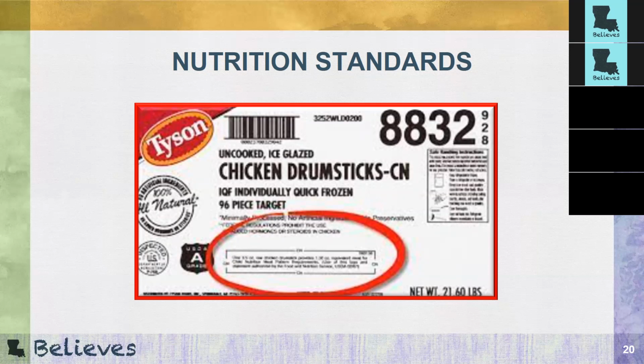If you're purchasing a bean burrito, your product specifications might state that the bean in the burrito must provide a 1.5 ounce equivalent for the meat alternate group. Or the whole grain rich tortilla must provide a 1.5 ounce equivalent for the grains component for the child nutrition program.